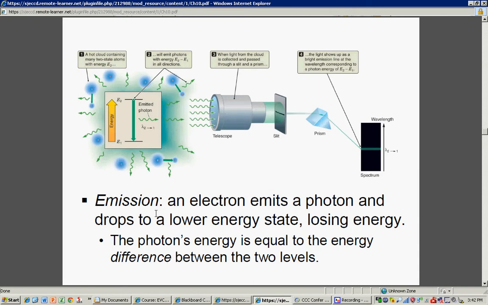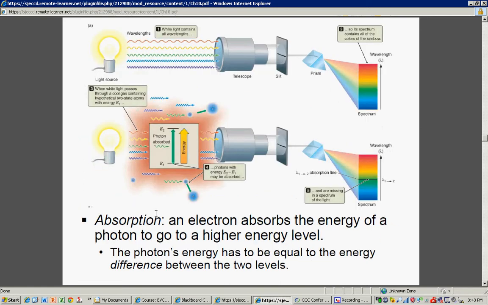Okay, so an emission line is some package of energy a cloud is producing that is more energetic than the background light from which it originated. Here's an example.